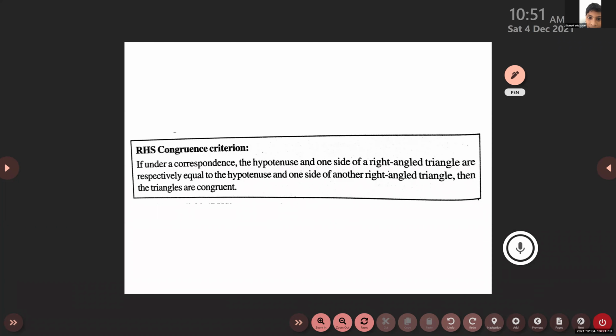If under a correspondence, the hypotenuse and one side of a right angle triangle are respectively equal to the hypotenuse and one side of another right angle triangle, then the triangles are congruent. When you read, look into it and read it. I hope all of you have understood now. Shall we pass on to the problems, children?